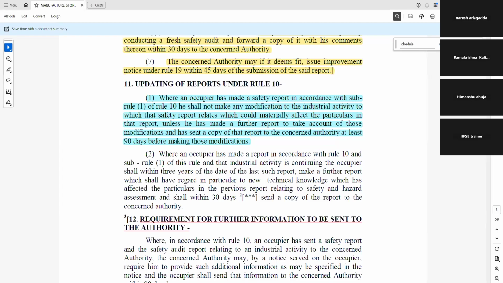I'll share again. Just a second, please. It is visible, I think, previously. Is it visible now? Yes, sir. Thank you.